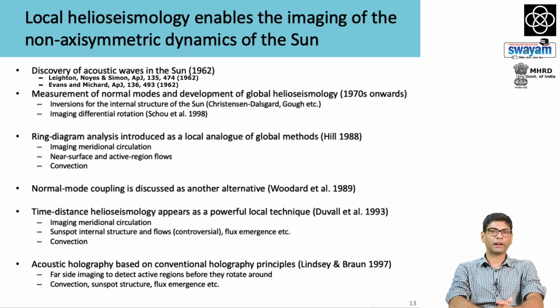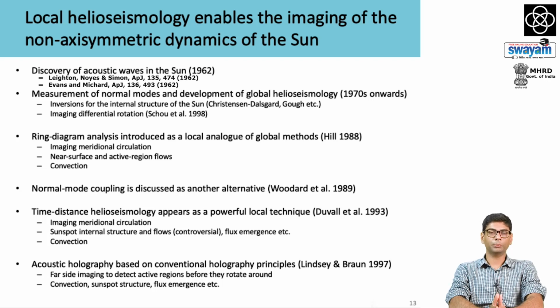So we go back to the discovery of acoustic waves in the sun, which is in 1962. In that paper, which is very remarkable, the author has already seen the case for local helioseismology. The author suggested that you could image the localized structures, and you can do all of these remarkable things, which really were not possible till only very recently.